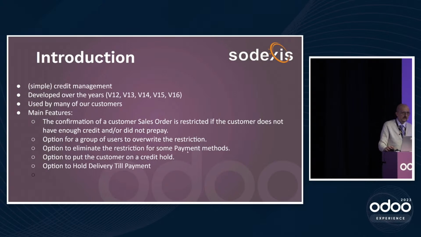You can think of it like this: if the customer is going to pay with a credit card, then you don't need to apply the credit limit. There's an option to put the customer on a credit hold, so then you don't accept any transaction with the customer, including the delivery order. And there's also an option to hold the delivery till there's a payment.